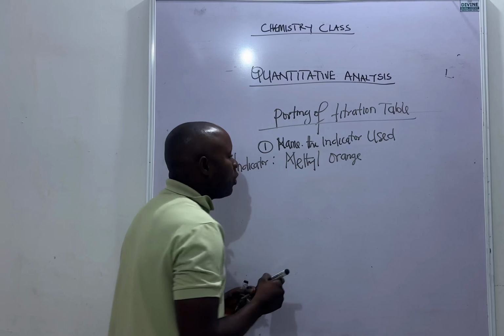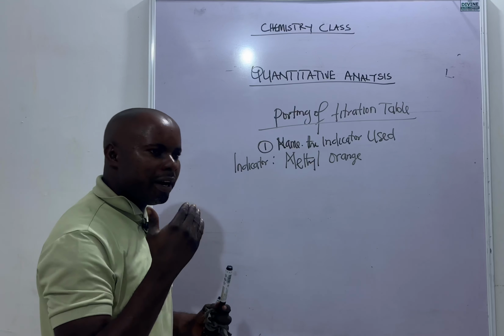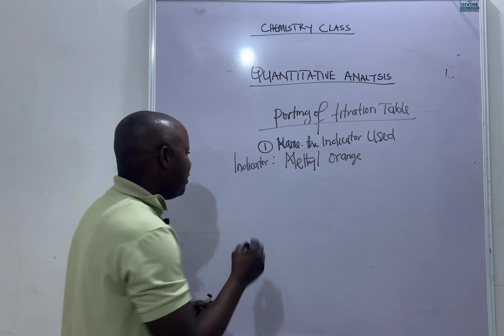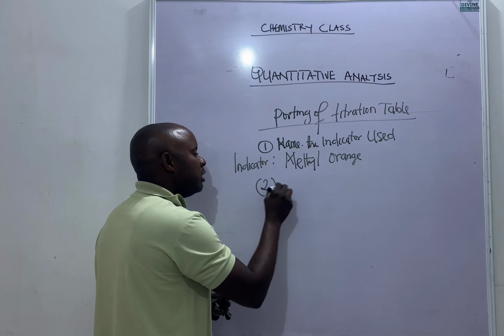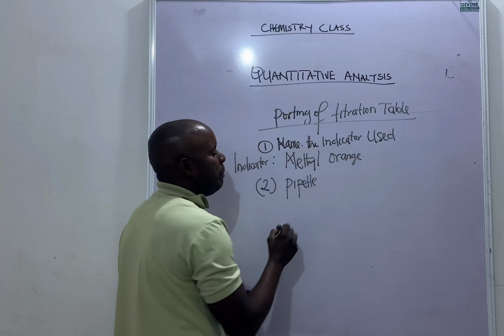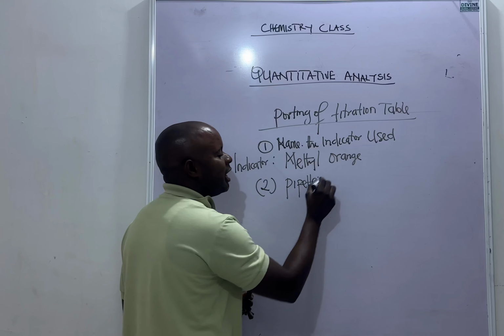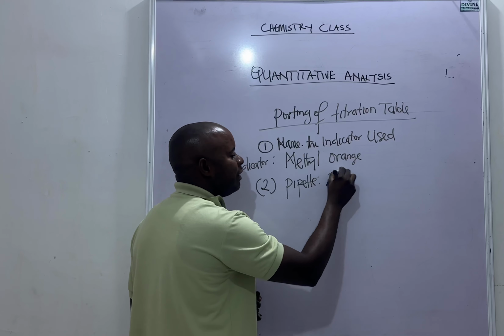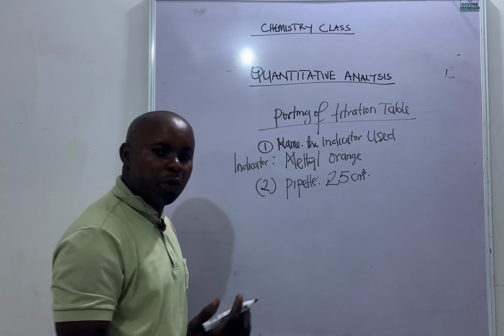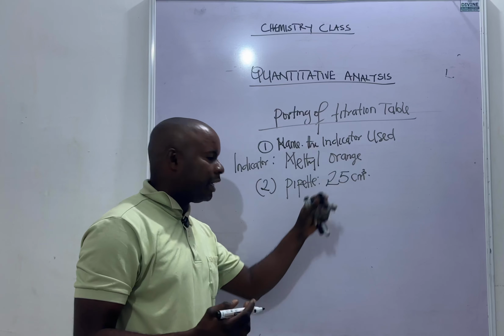The next step, you must write boldly at the top as well the volume of the pipette. You must tell the examiner the pipette you use in your center. Here we are going to use 25 cm cube. If you are using 20, you must indicate it here.